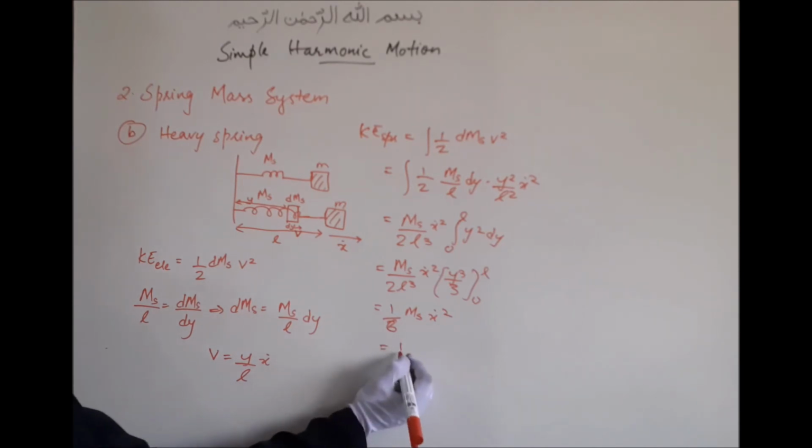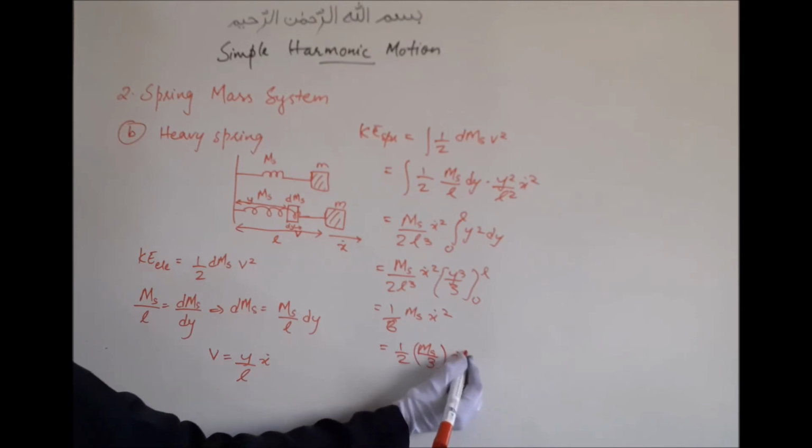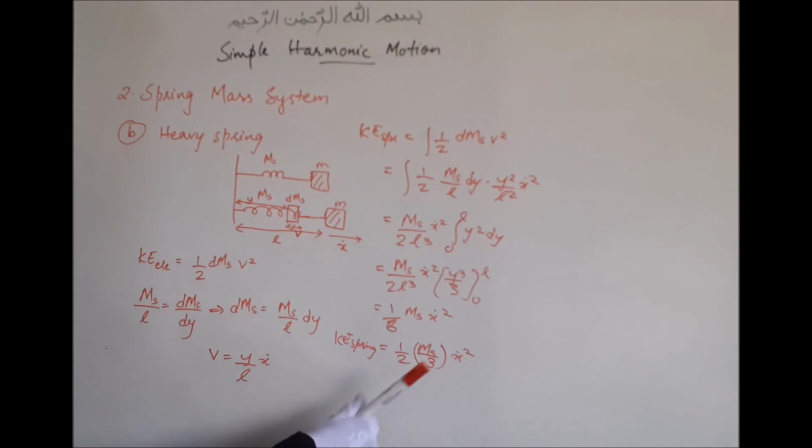This I can write as half ms by 3 x dot squared, which is the kinetic energy of the spring, half m v squared. This is the effective mass of the spring, ms upon 3. So now we can write the total energy of the system.